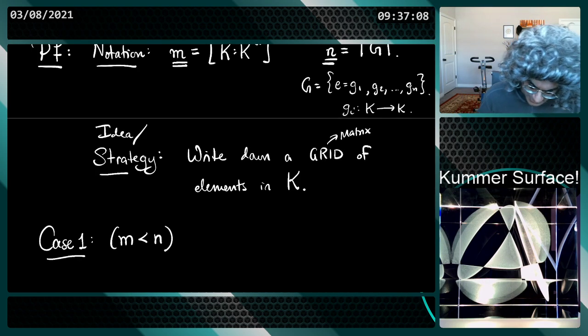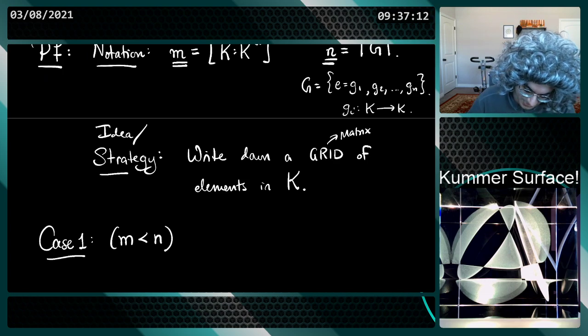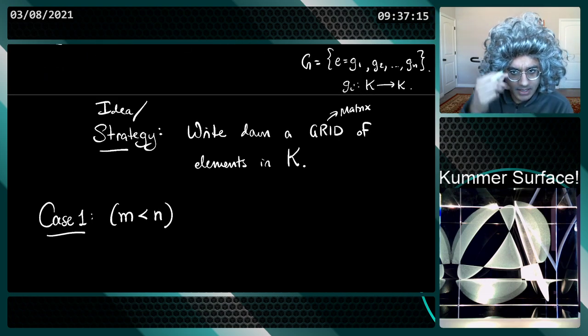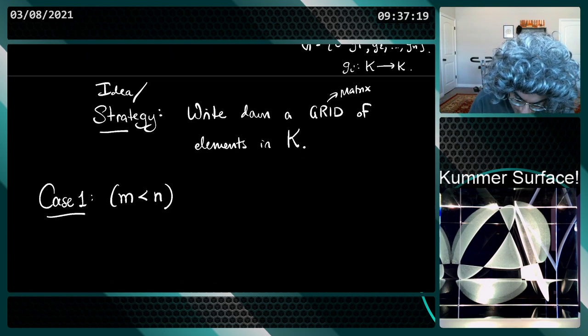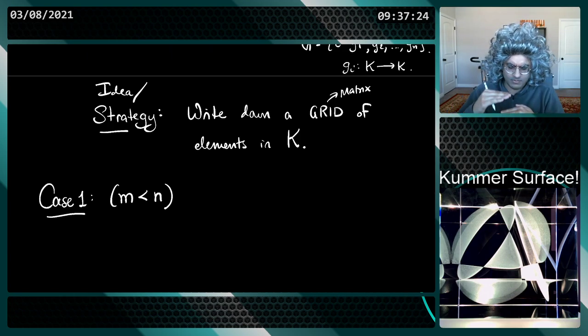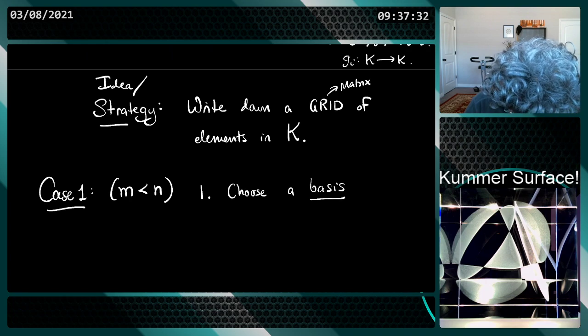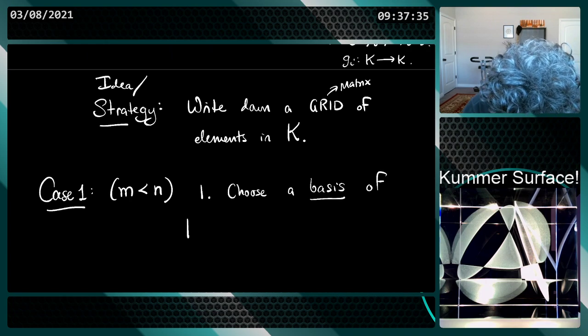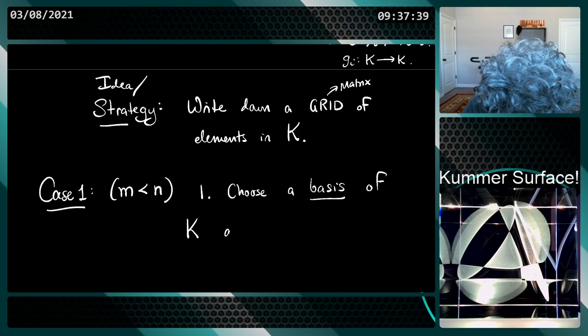Okay? So first assume that the degree is less than the size of the group. And now investigate the following, consider the following grid of numbers. First, choose a basis of K as a KG vector space.